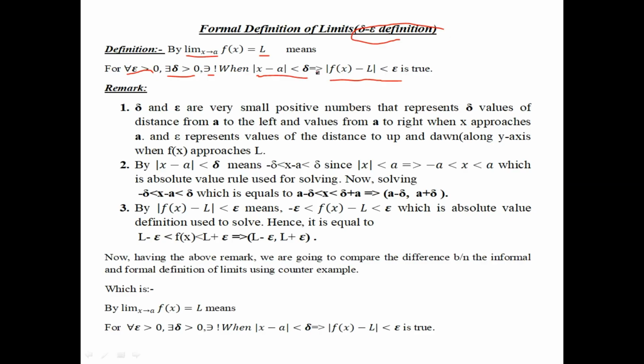Which means that if this one happens, then this will be true. Now we'll justify each term of this statement or definition.